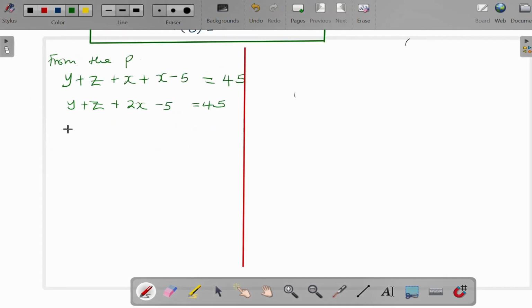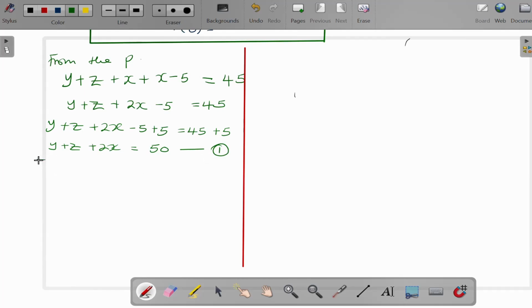So we are having our Y plus Z plus 2X minus 5 plus 5, we are collecting like terms, equals to 45 plus 5. So we have our Y plus Z plus 2X equals to 50. We can name this our equation 1.